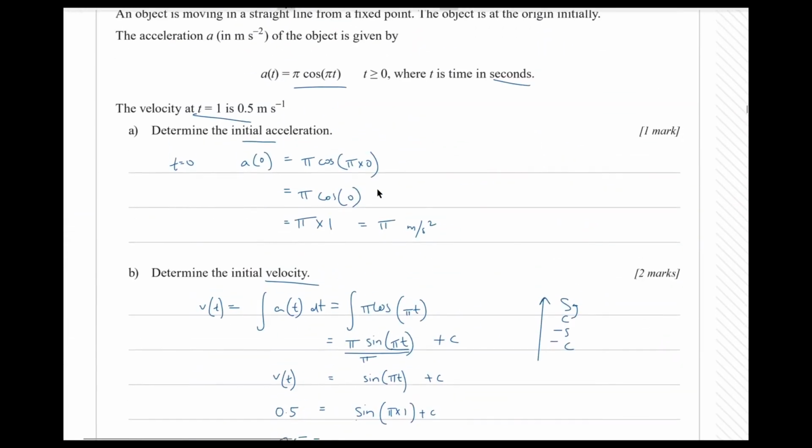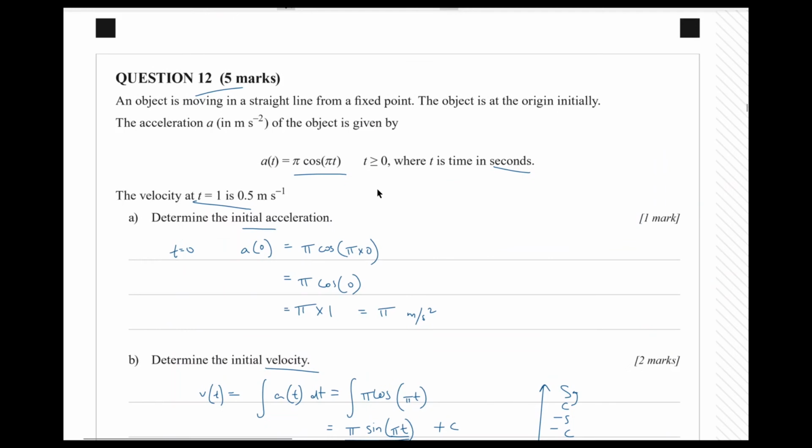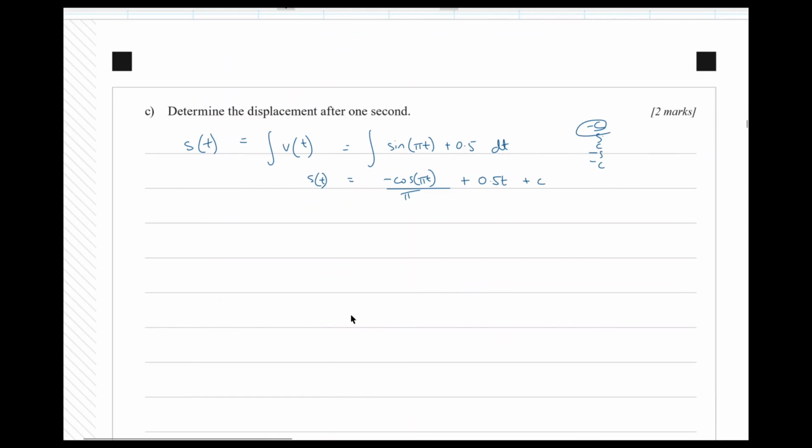Now in the question, we're told that the object is at the origin initially, which means the displacement at time 0 is 0. So we can sub that in to get the value of c. Basically when t equals 0, s equals 0.